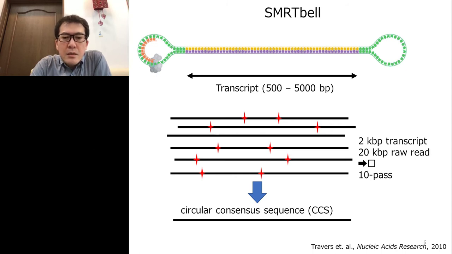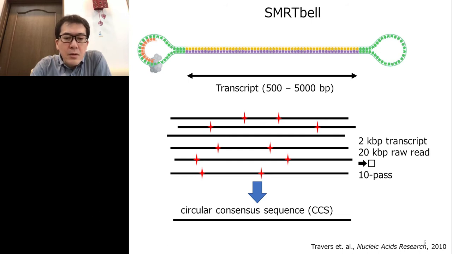Assuming that transcript is 2,000 base pair long and raw sequencing read is 20 kilobase pair long, in that case, it turns out that the transcript will be sequenced 10 times. That greatly improved the accuracy.